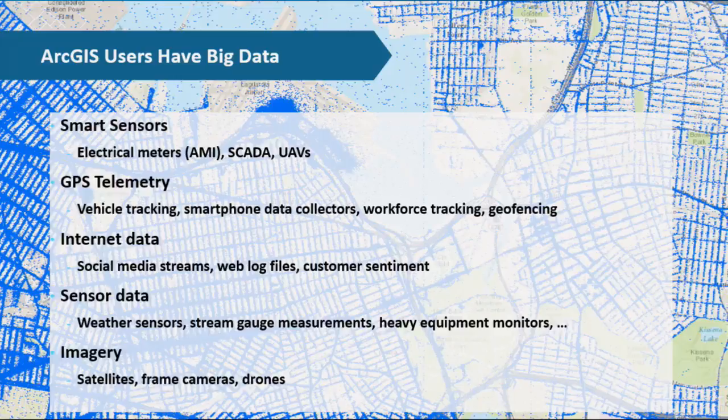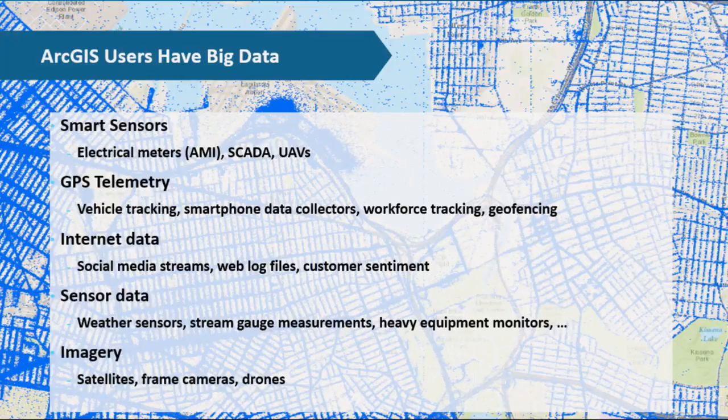So electric utilities collect vast amounts of usage data, based upon time of day readings on these smart meters. They also may have SCADA devices. These are control systems that they attach to their high-value assets out in the field, such as transformers or substations, things like that. They're sending real-time feeds, often at a sub-second cadence.